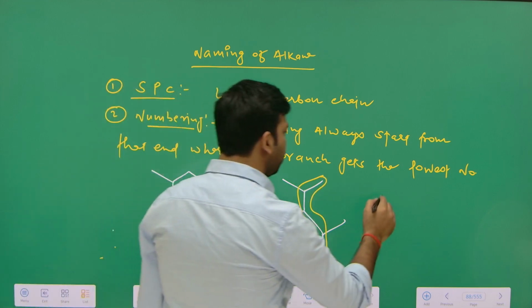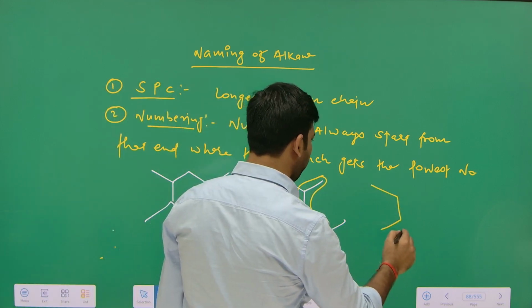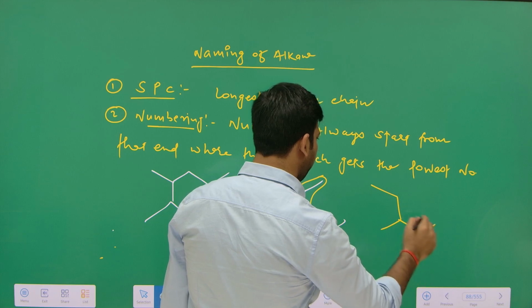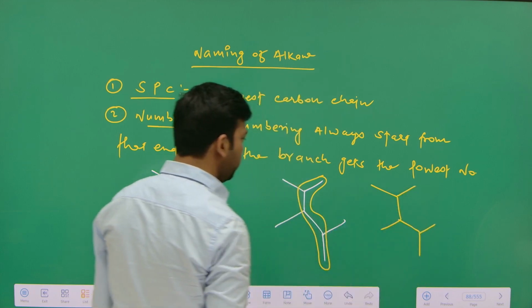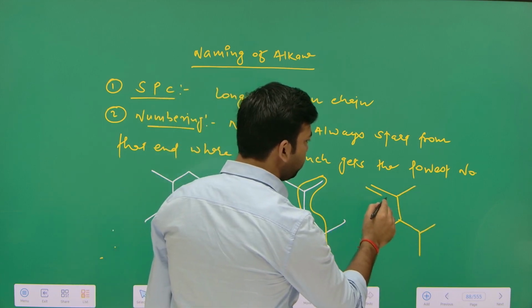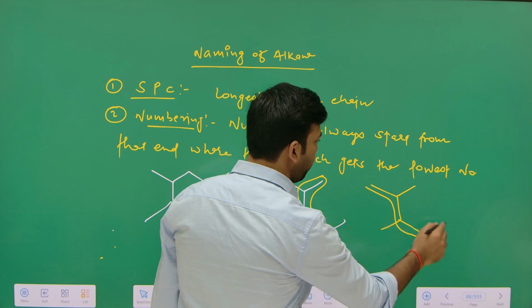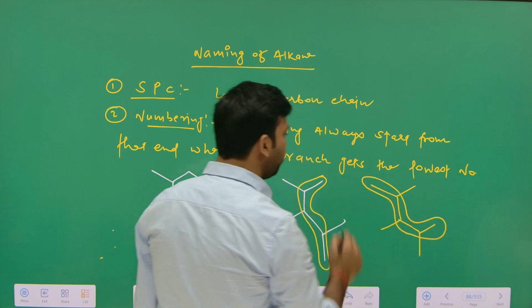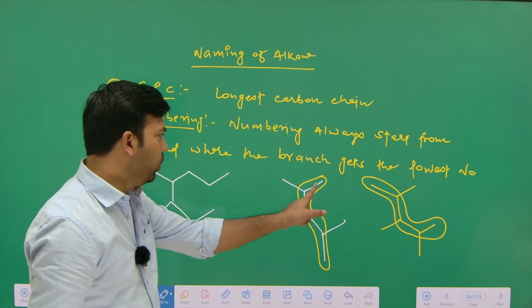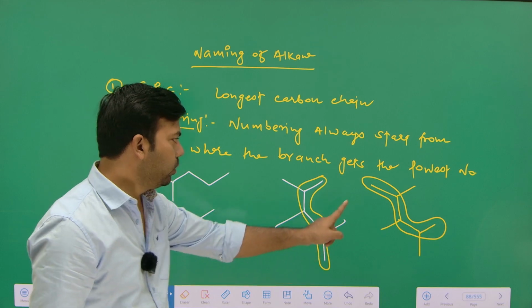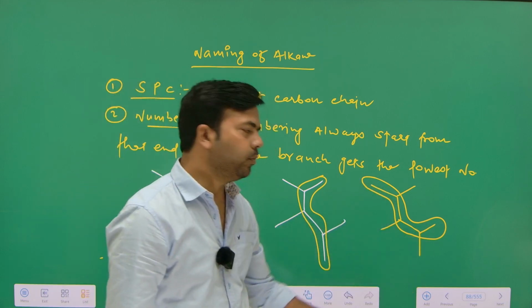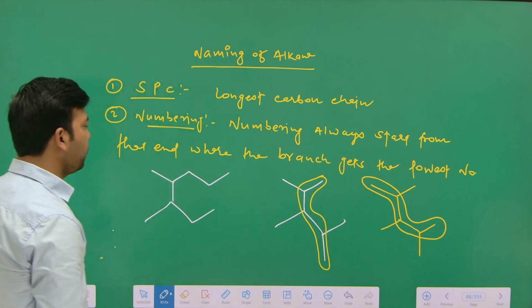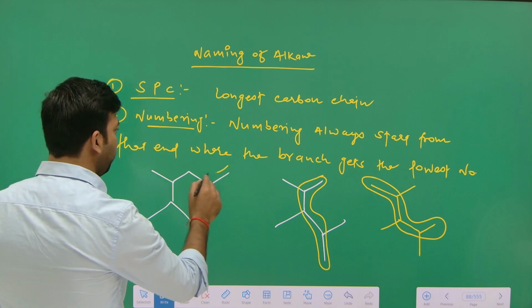Or even you can select this one as well. Both are the same thing. Check it. 1, 2, 3, 4, 5. 1, 2, 3, 4, 5. Both are the same thing, so you can use any one. And here the longest carbon chain will be this.